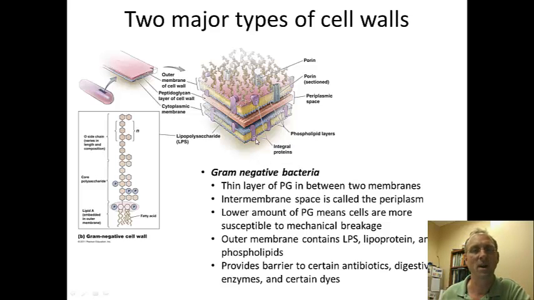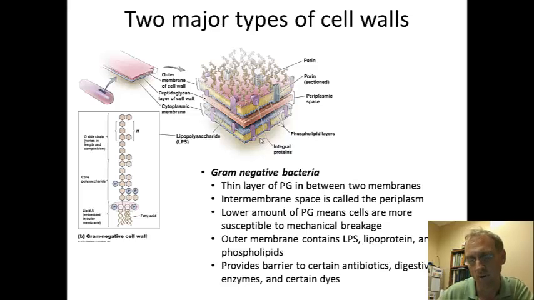What that means is that the gram-negative bacterium is going to be much better than the gram-positive bacteria at resisting the effects of antibiotics. This means that a patient with a gram-negative bacterial infection is going to have a much tougher time fighting off that infection with the use of antibiotics.